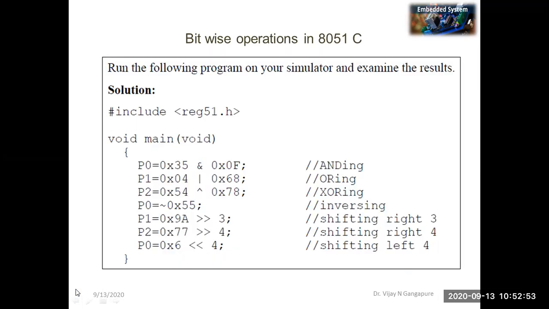So I will use the tab pen here. This 35 means 0 0 1 1 0 1 0 1, and this 0F means 0 0 0 0 1 1 1 1.